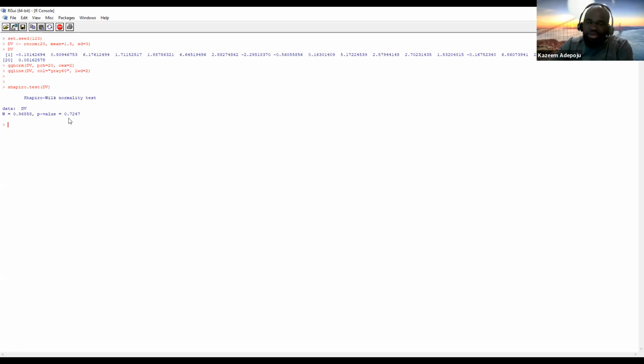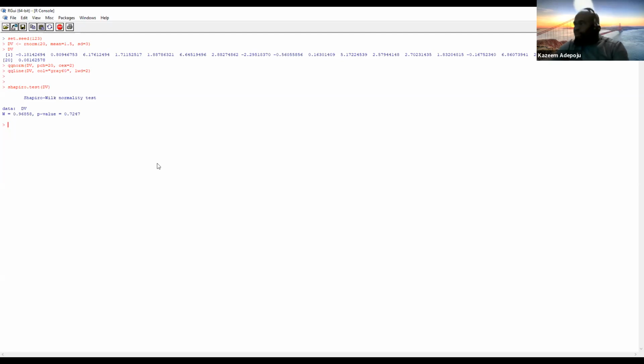The null hypothesis is that the distribution of the data set is normal, and the alternative hypothesis is that it is not normal. Since the p-value is greater than 0.05, we conclude by the Shapiro-Wilk test that the distribution of the data set is normal.